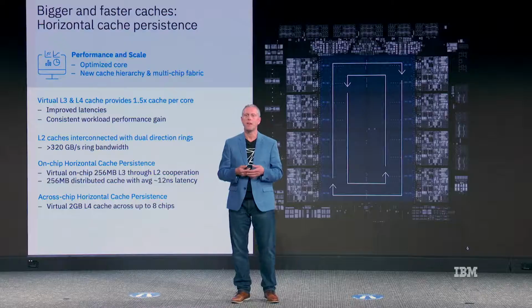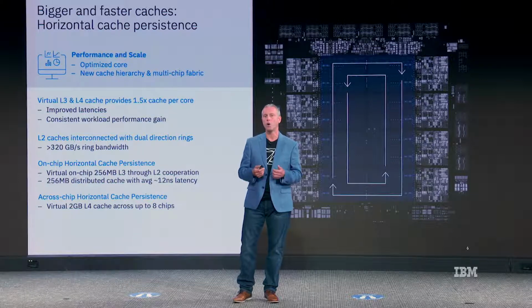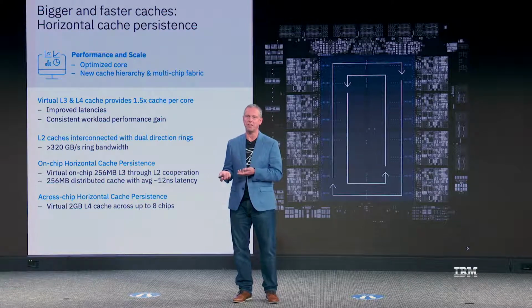What that means is that when one L2 evicts a cache line, it can look around on the chip to find a less busy L2 and push the cache line into that other L2 so that it stays close by on the chip. Should the workload come back to that data, it's accessible very quickly with on-chip latencies. That way, we achieve a 256 megabyte distributed cache on the chip with an average latency of only 12 nanoseconds. That is faster than the physical L3 that we had on Z15.